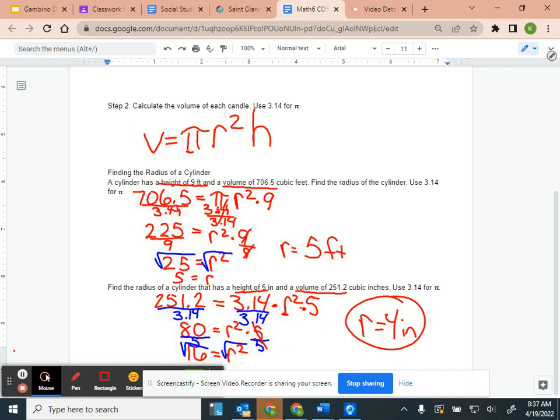Any questions on how to do this math? All right, I am going to give us some work time to work on 167, 168. Let me just double check if we're going to do all of them.